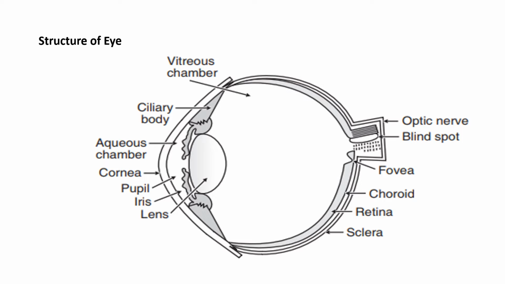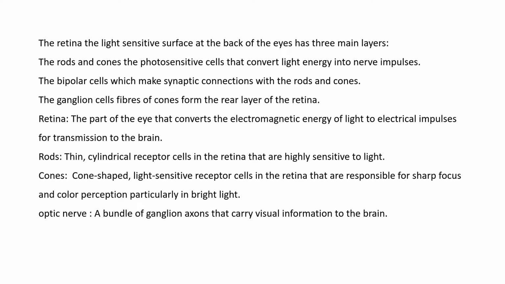See here we can see the ciliary body and aqueous chamber, cornea, pupil, iris, lens, and here we can see the optic nerve, blind spot, fovea, and choroid and retina. The retina, the light-sensitive surface at the back of the eye, has three main layers.